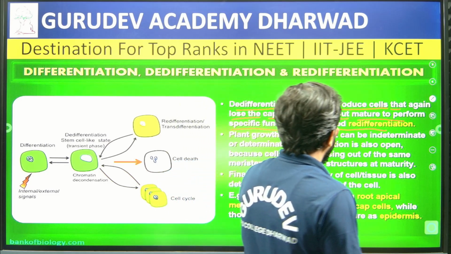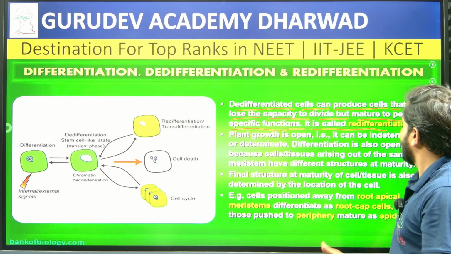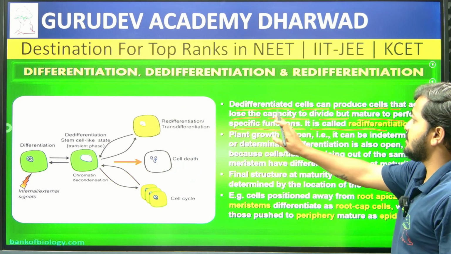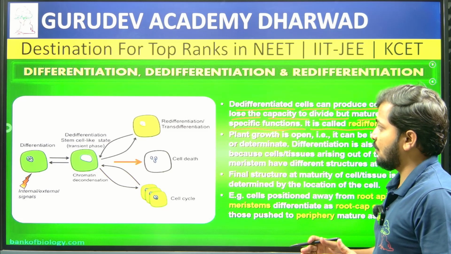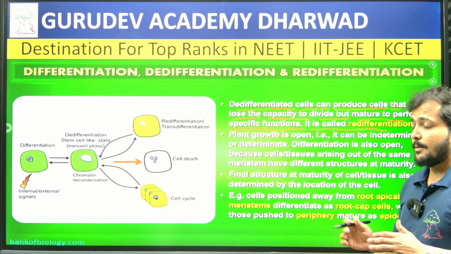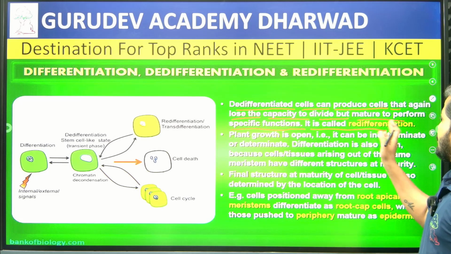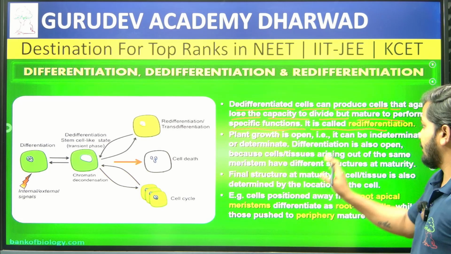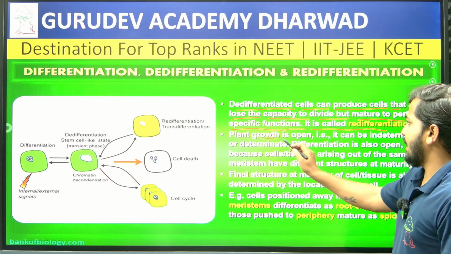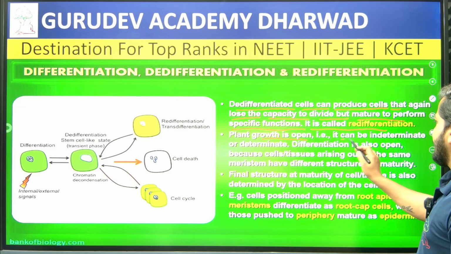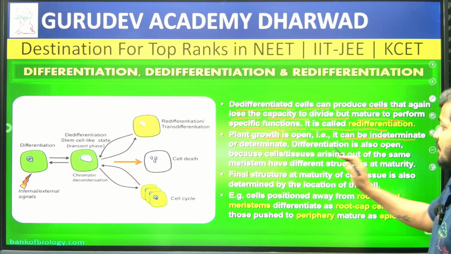After losing the property of cell division, they mature and perform a specific type of function. We call it redifferentiation. So plant growth is open, it can be indeterminate or determinate.